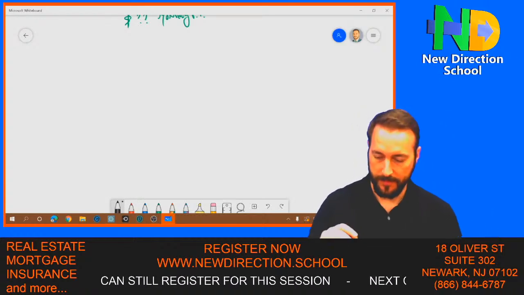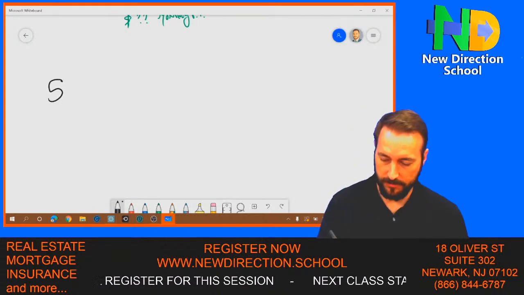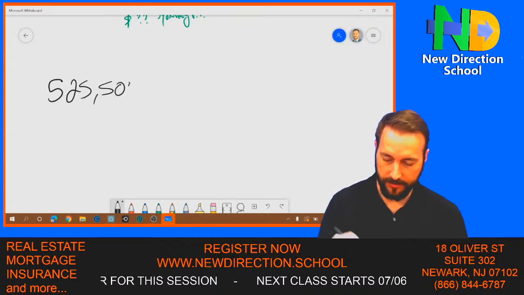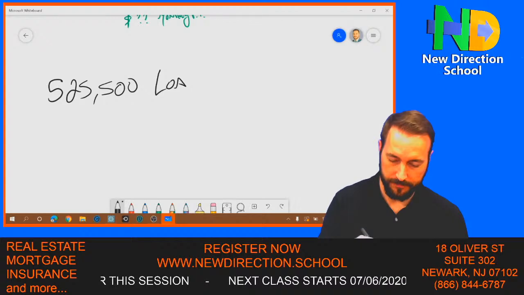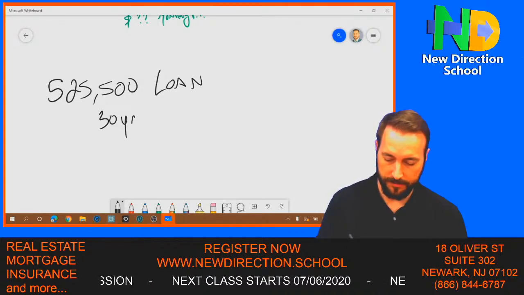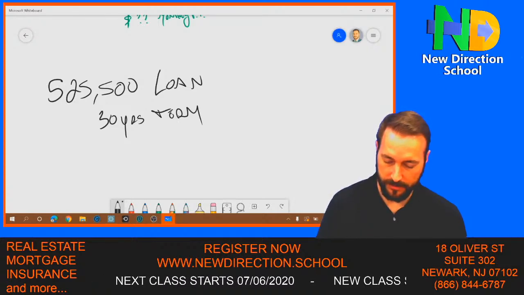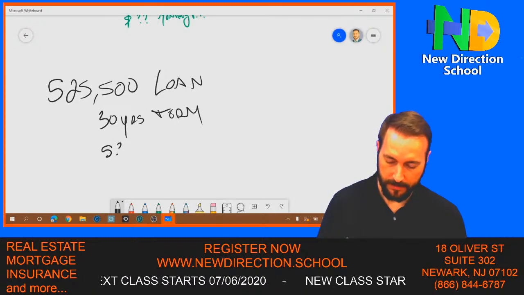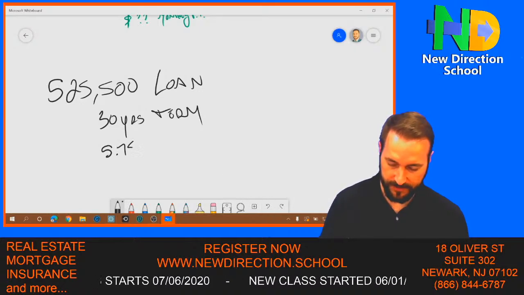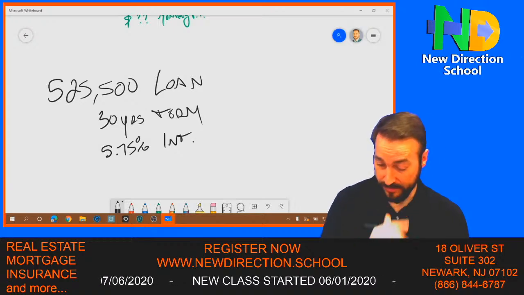So now we have a loan, 525,500. This is the loan. The term is 30 years. And the interest rate is 5 and 3 quarters, so 5.75%. That's the interest rate.